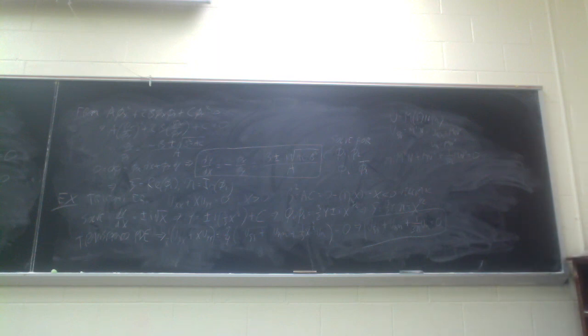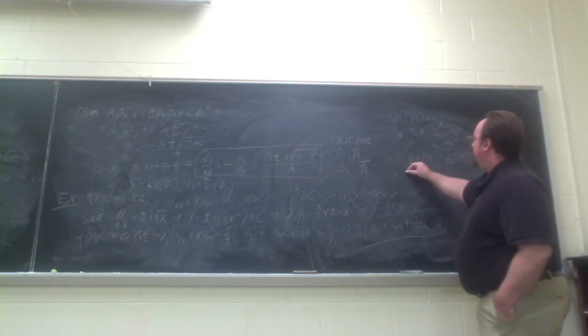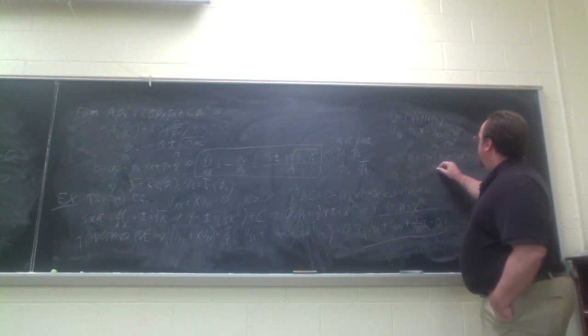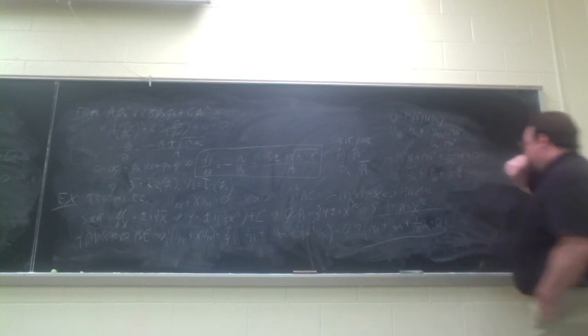And then what you want to do is divide through by MN. So you get M double prime over M plus N double prime over N plus 1 over 3 eta N prime over N is 0.